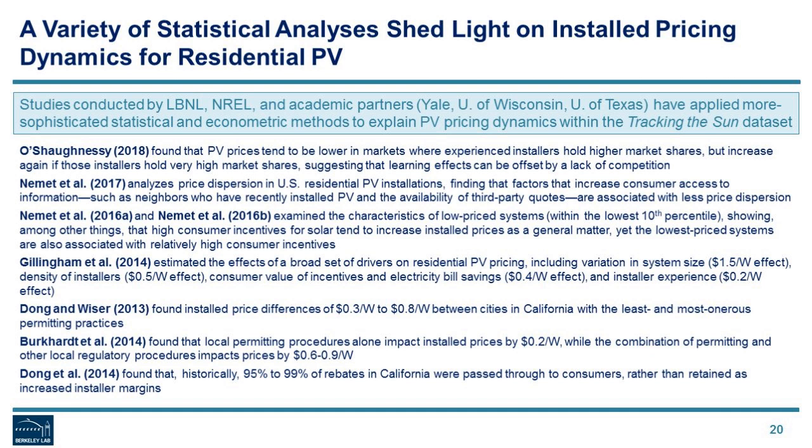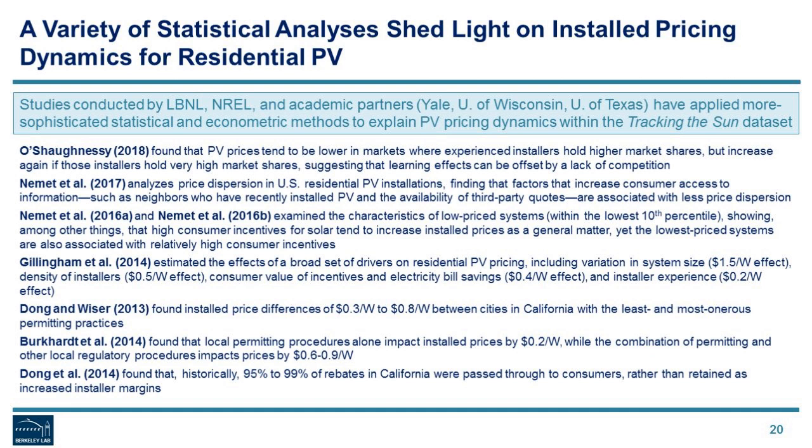Probably the study that I would point you to that addresses that most directly, I've clicked here onto this slide that lists various studies that we've done with some academic partners. The one in the middle, Gillingham et al., 2014, was an everything-in-the-kitchen-sink econometric study where we tried to understand what's driving prices and pricing differences.